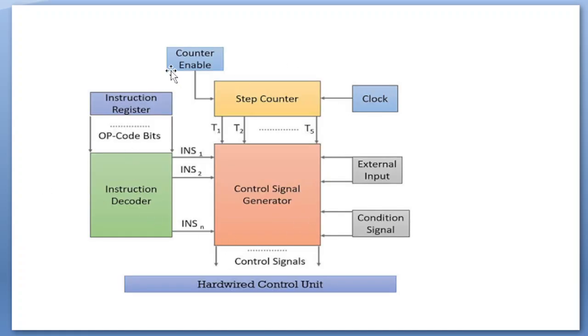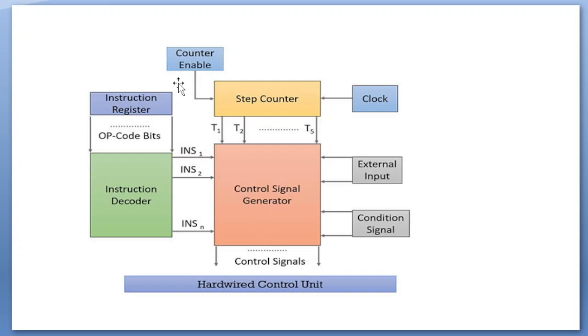This is a pictorial representation of a hardware control unit. Here you can see how the control signals are generated. The control signal generator accepts all the instructions given from different sources, and according to that it produces control signals.